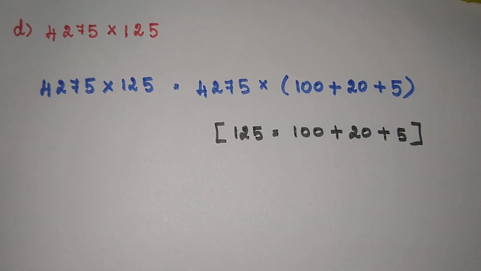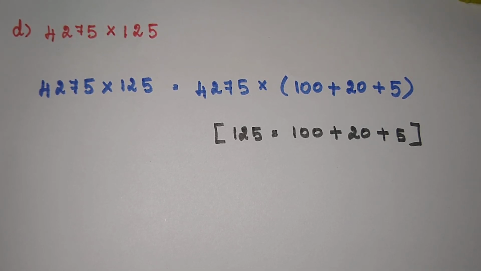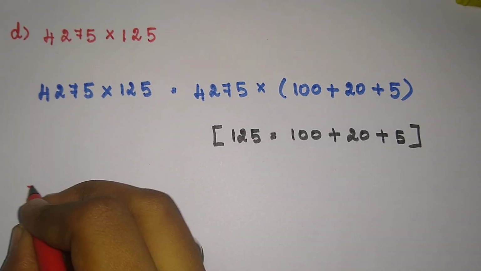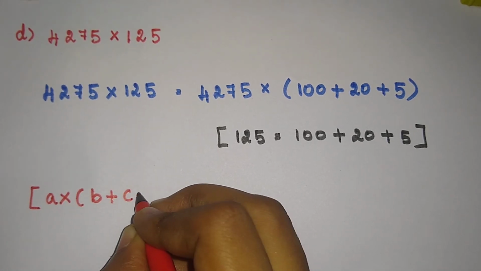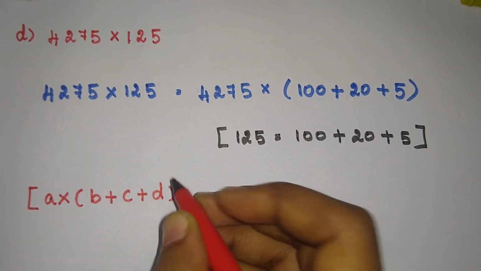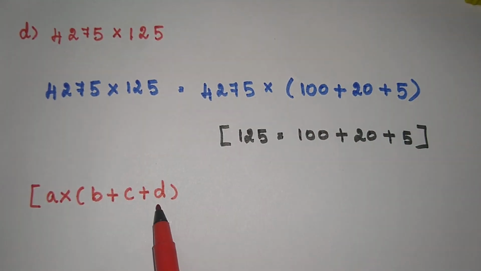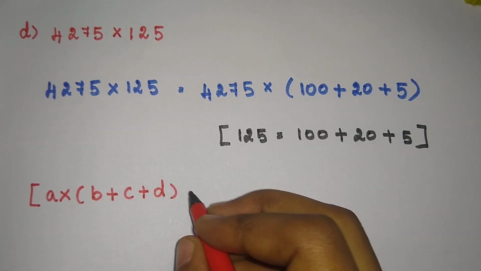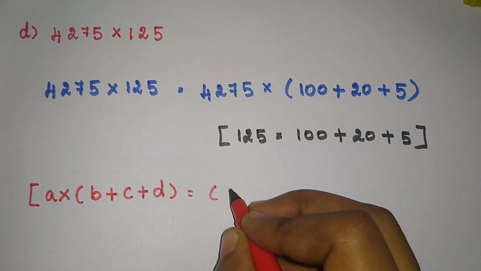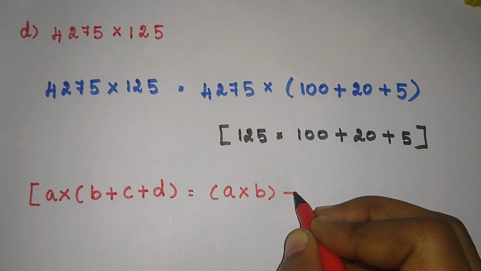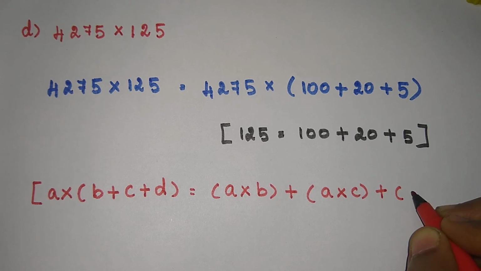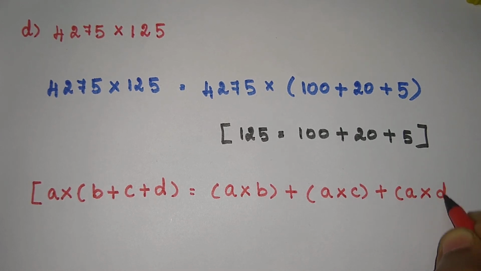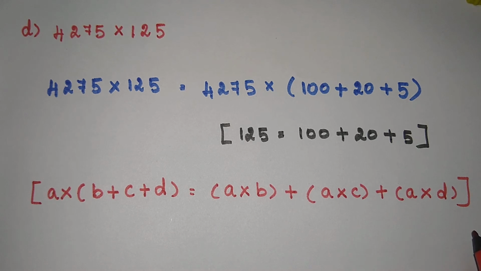Next we have to use the distributive property. Okay, by using the distributive property of multiplication over addition, we get A into (B plus C plus D), because it has 3 numbers, so we have to use D, equal to A into B plus A into C plus A into D. Here A is common.